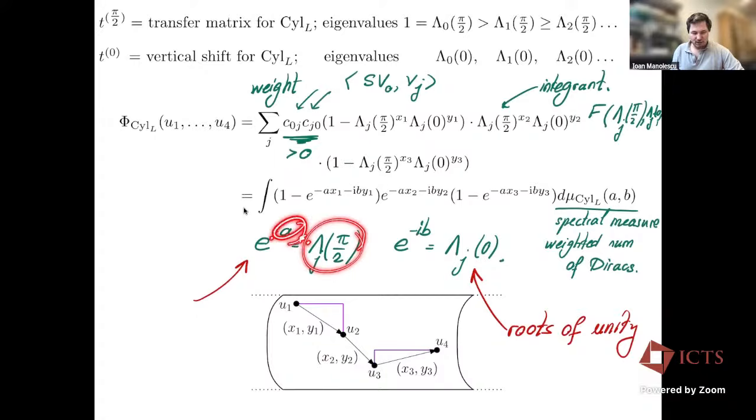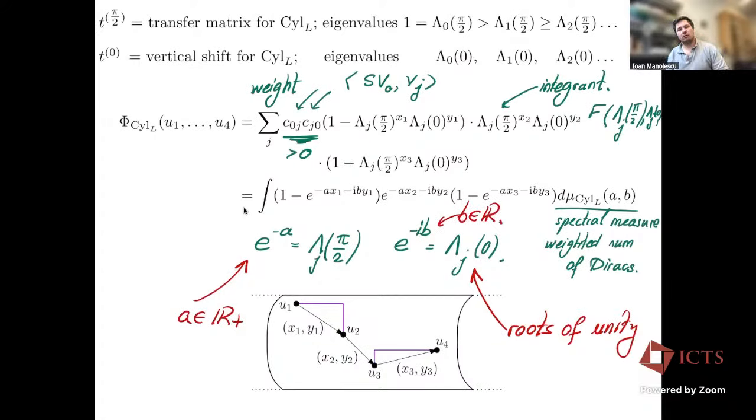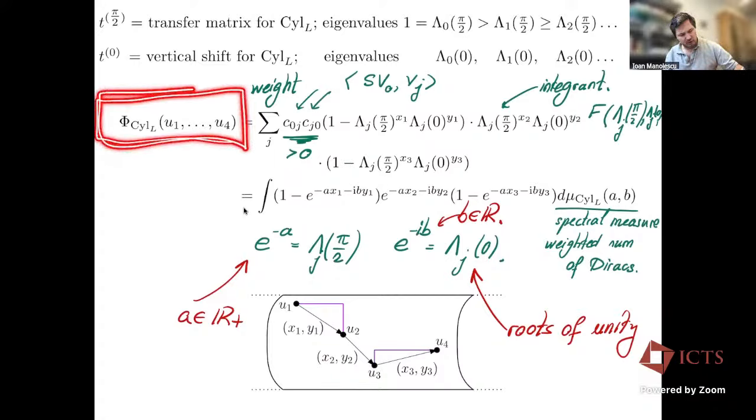So A is a positive real, and B is a real number, due to this form. I'm cheating a bit for A. It's not really true that it's a real number if you write this, but in the limit it becomes one. And so the whole game of understanding this 4-point partition function, this 2-point function, is to understand this measure.